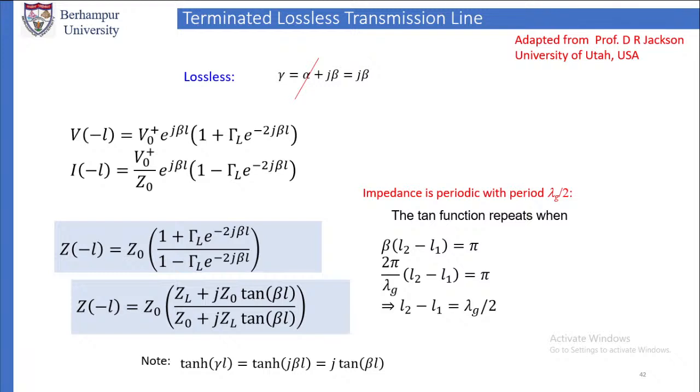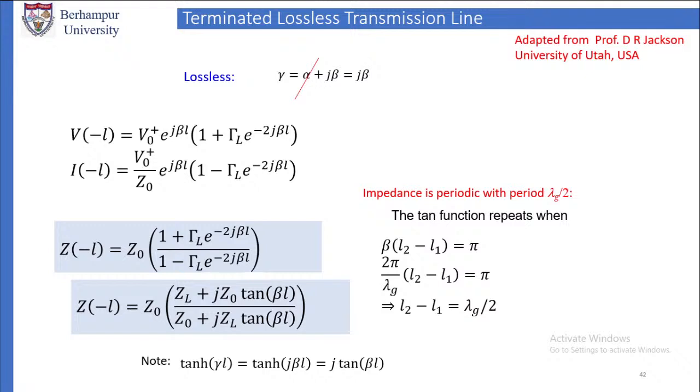Instead of gamma L, it becomes j beta L, into two terms: 1 plus capital gamma subscript L, the reflection coefficient on the transmission line, times exponential minus 2 gamma L. Gamma is j beta, therefore minus 2 j beta L. So that is the voltage.